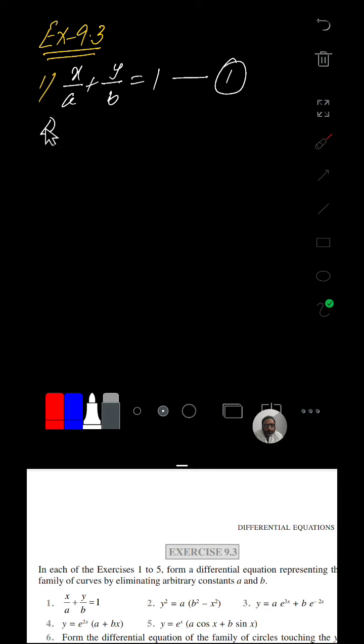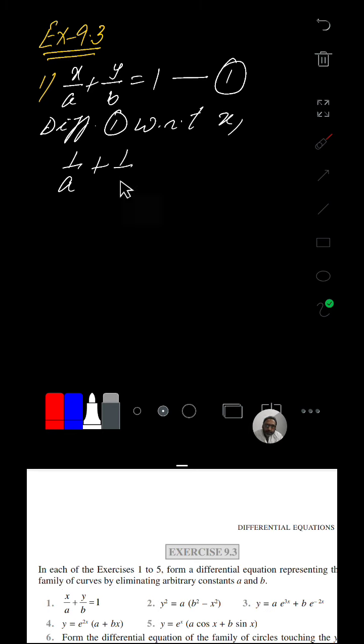So first differentiating with respect to x, the first term becomes 1 over a, because 1 over a is an arbitrary constant coefficient and derivative of x is 1, and in the second one, derivative of y upon b will be 1 upon b into y dash, and derivative of 1 is 0 because this is a constant term.